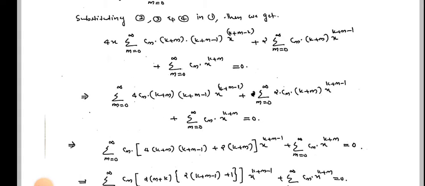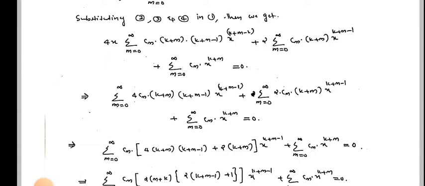Next, substituting equations 2, 3 and 4 in 1, we get 4x times the sum over m from 0 to infinity of c_m (k+m)(k+m-1) x^(k+m-2), plus 2 times the sum of c_m (k+m) x^(k+m-1), plus the sum of c_m x^(k+m), equal to 0.